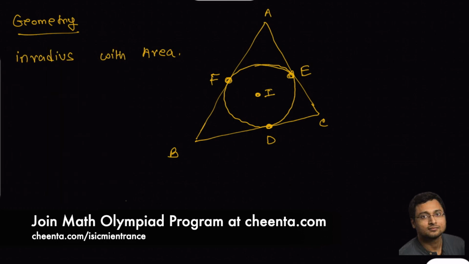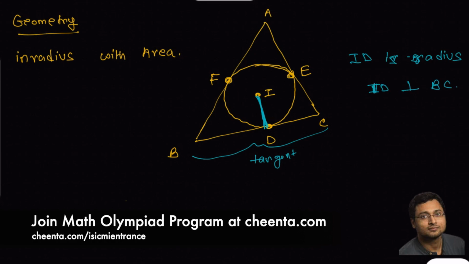Now ID is the radius and BC is a tangent. So ID is perpendicular to BC, right? So if we look at the triangle BIC, the area of triangle BIC is equal to half the inradius, that is ID, the perpendicular in this case, times BC.